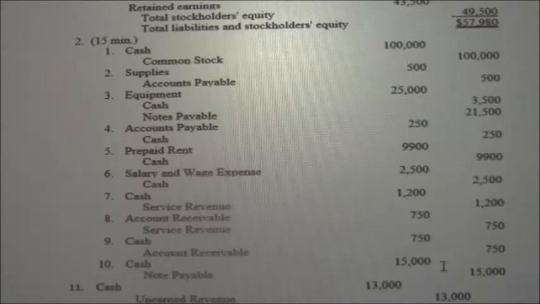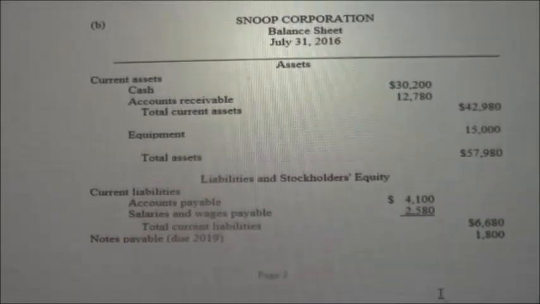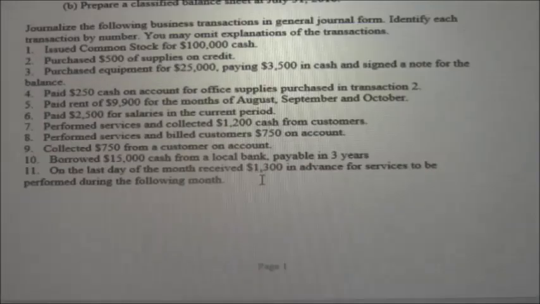And then the last one, which I'm showing you already, and we talked about it already, was the unearned revenue. I kind of jumped ahead on that. It says, on the last day of the month, received an advance for services to be performed during the following months. However, I think we got the wrong amount here. Let me make sure I got that right, but we can correct that. It said received $1,300.